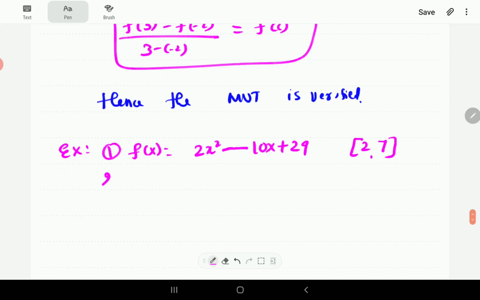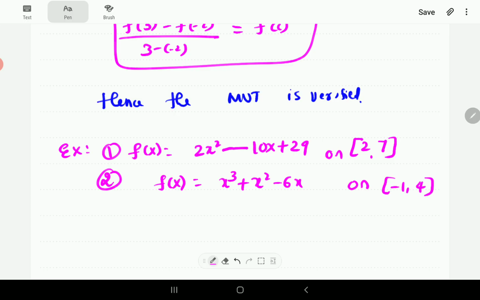Another one is f of x equal to x cube plus x square minus 6x on the closed interval minus 1 to 4. These are simple examples, guys. Just verify the mean value theorem for these functions, whether they satisfy it or not, and comment your answers in the box.